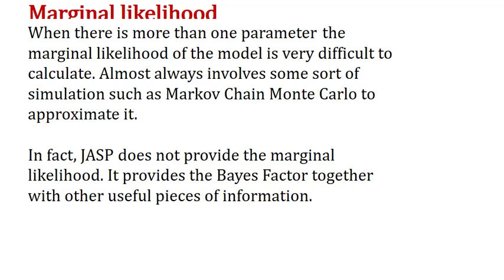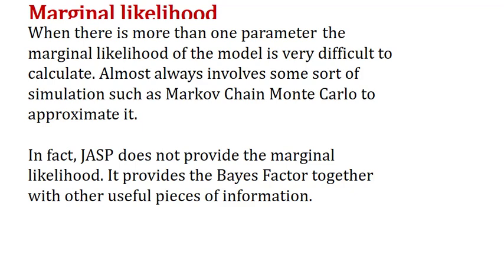Then what we said before is that we are going to calculate the marginal likelihood of two models, and we are going to compare the marginal likelihood. Now, when there is more than one parameter, calculating the marginal likelihood is almost impossible.